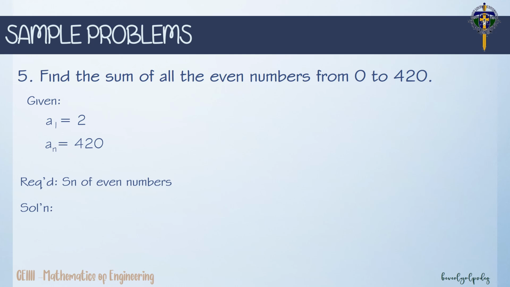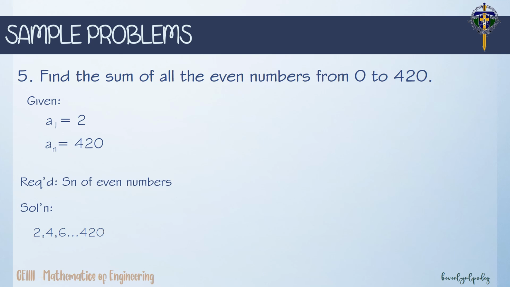First, we know that we can create the initial series or sequence for these even numbers from 0 to 420. So our first term is 2, and the second even number is 4, the next even number is 6, and then 8, and then 10, and so on and so forth until we reach 420.